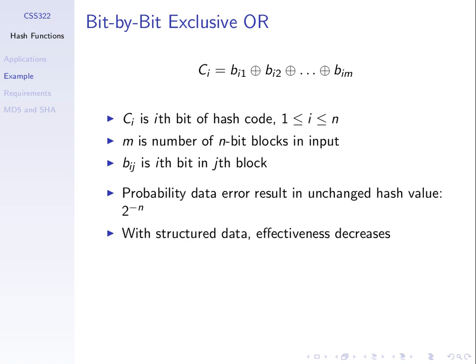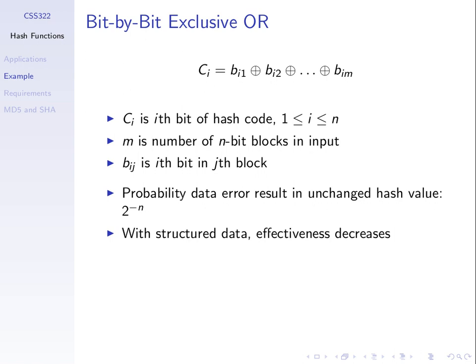We do that, I'll not do it, for C2. Where for C2, we take the second bit of the first block, the second bit of the second block, the third block and the fourth block, XOR them. 1 XOR 1 is 0, XOR 0, 0, 0, we get 0.